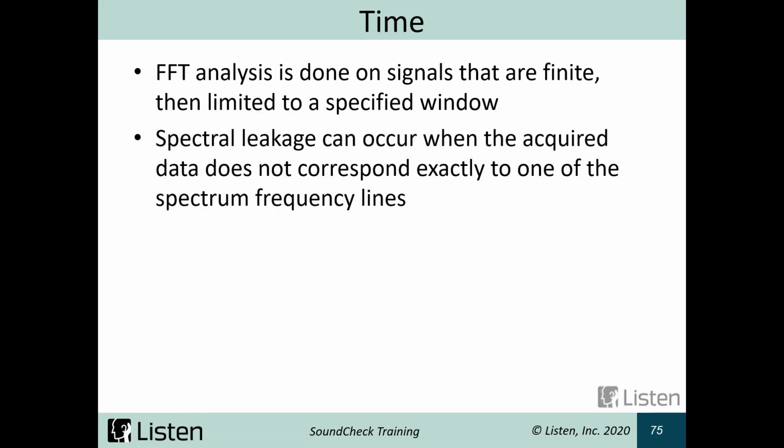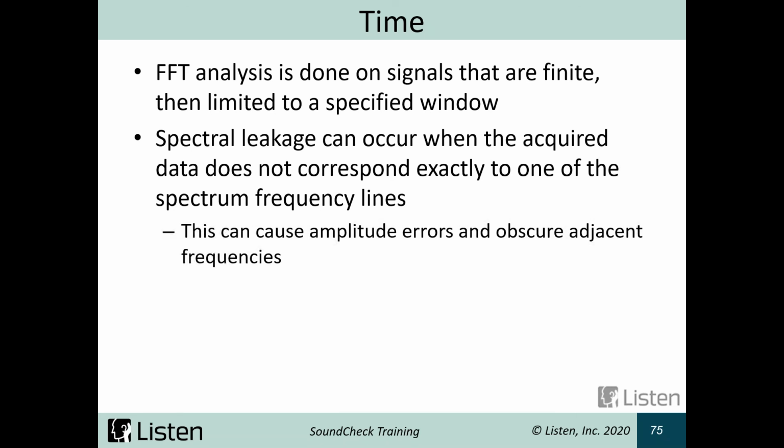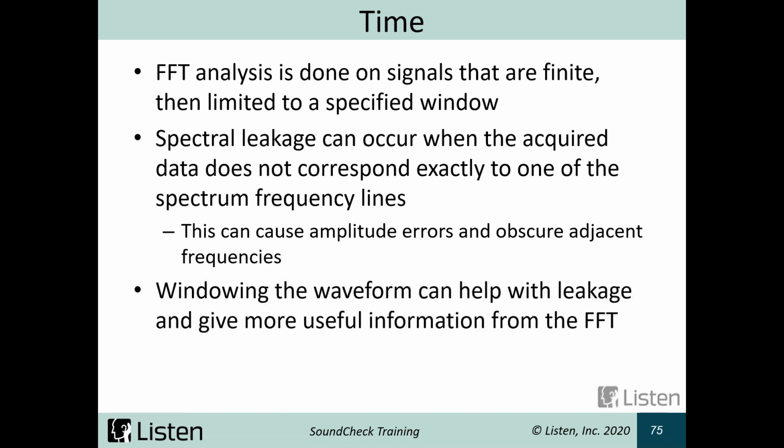And if the data that gets acquired doesn't correspond exactly to one of the spectrum frequency lines, we can get spectral leakage. So this can cause amplitude errors and obscure adjacent frequencies. So if we don't window, we could get errors in two different domains, time and frequency. Windowing the waveform is going to help us with leakage, and it can give us more useful information.